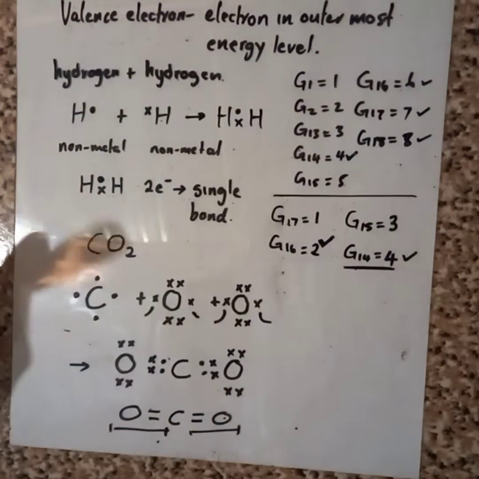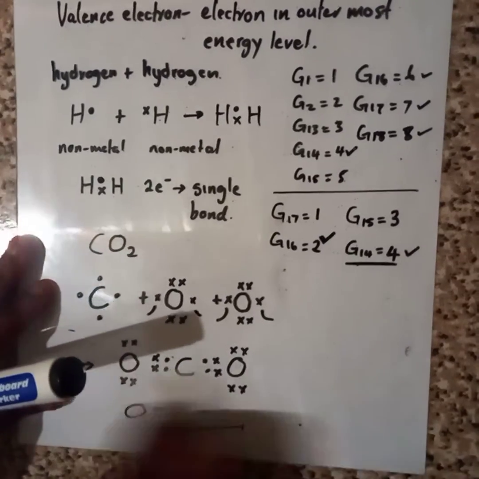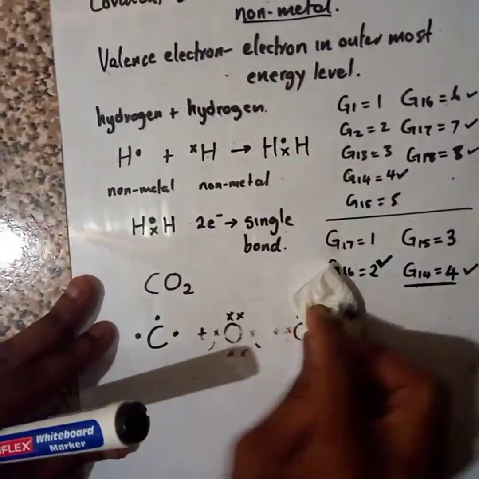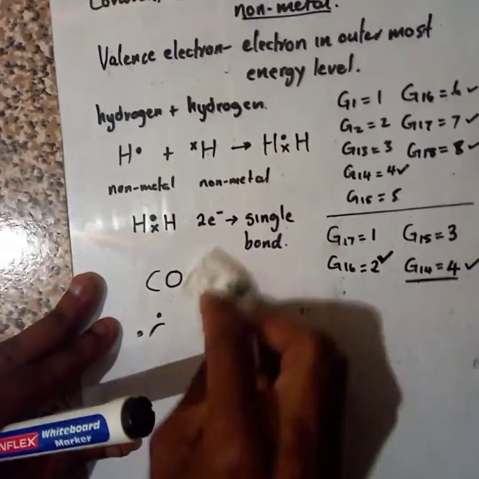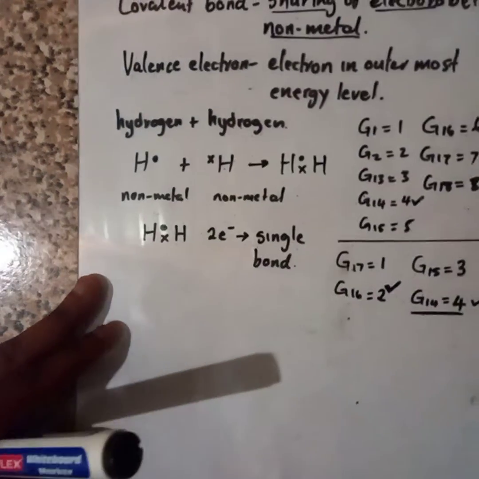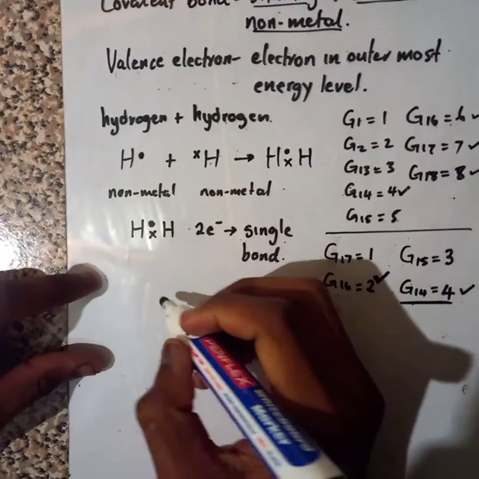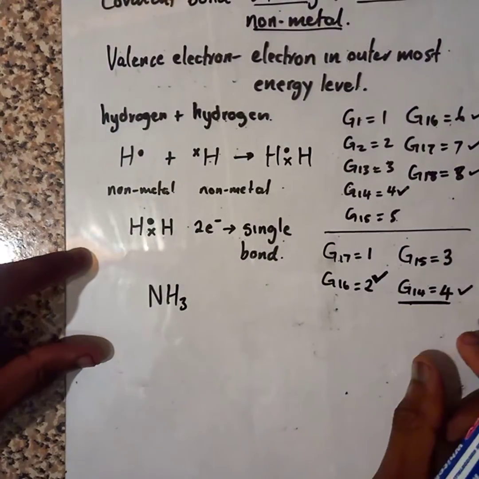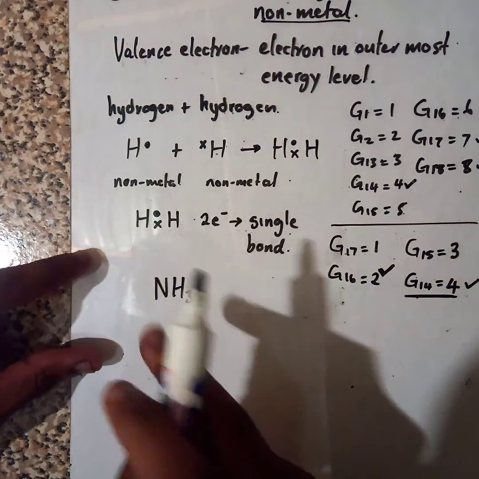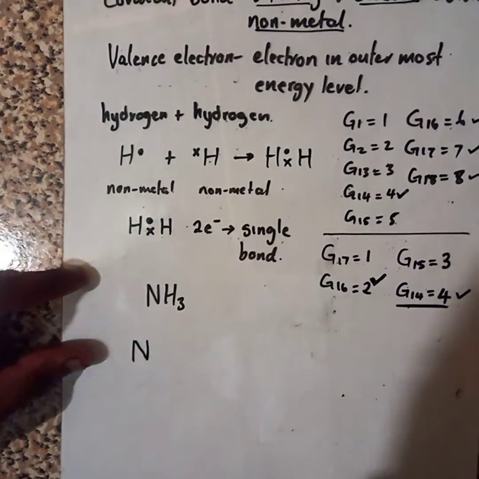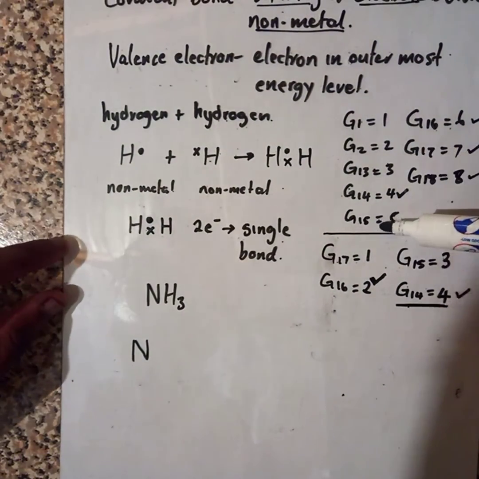And again, there is another thing that I wanted to stress, which now is NH3. Let us consider now NH3. You see, we have one nitrogen. It is situated in group number 15.